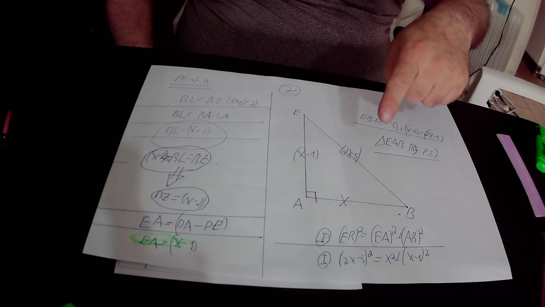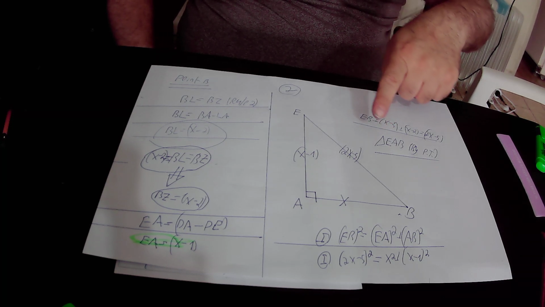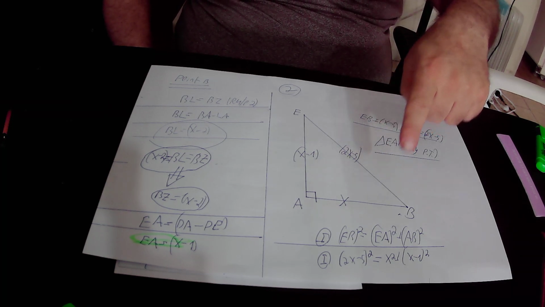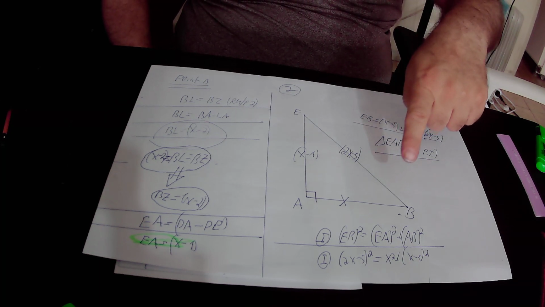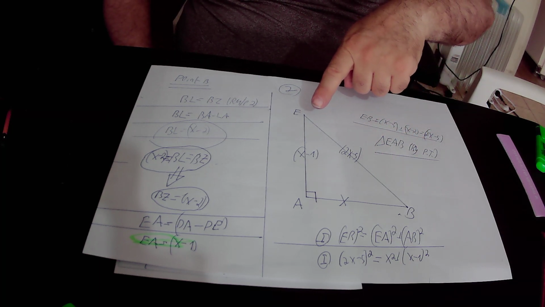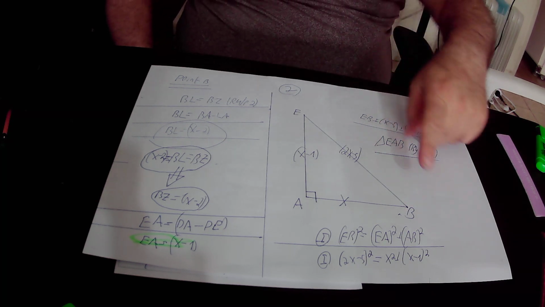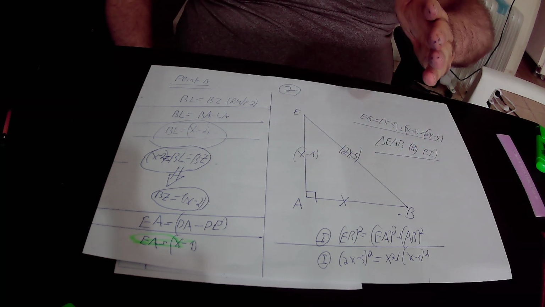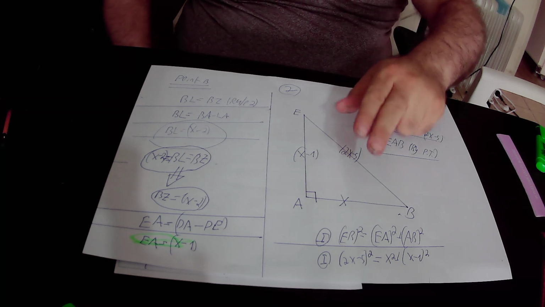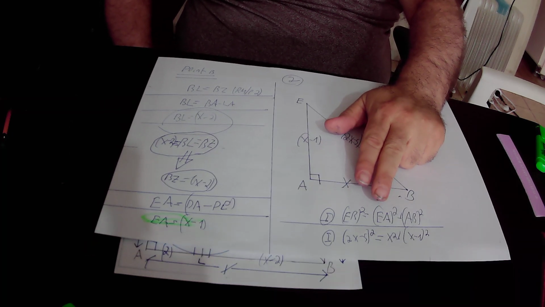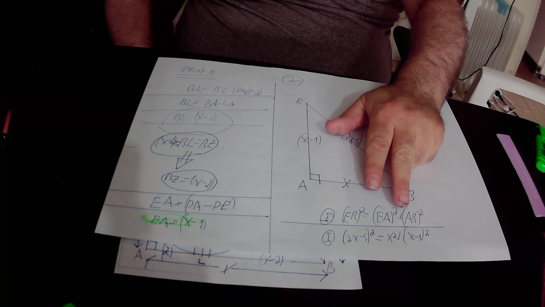EB equals 2X minus 5, so EB square is (2X minus 5) squared. EA equals X minus 1, so EA square is (X minus 1) squared. AB equals X, so AB square is X square. In conclusion, (2X minus 5) squared equals X square plus (X minus 1) squared.